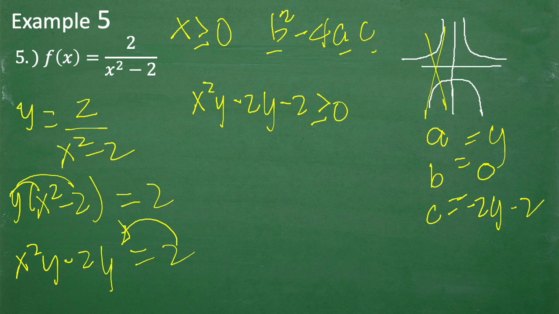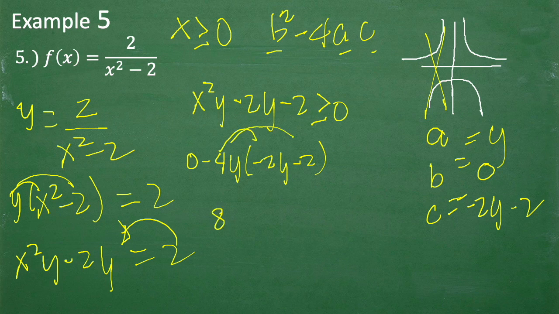Let's find the discriminant of x squared y minus 2y minus 2. So we have b squared, which is 0, minus 4y times c, which is negative 2y minus 2. And then simply distribute negative 4y inside the parentheses. We have 8y squared, since negative 4y times negative 2 is 8y.